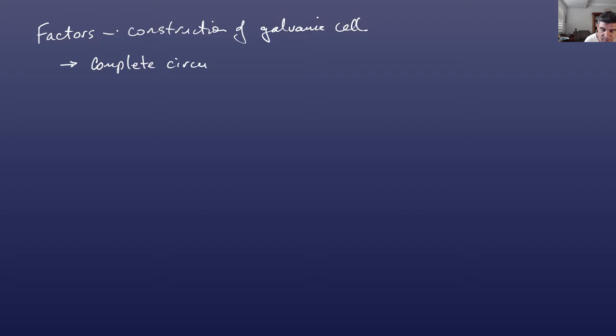If we don't have a complete circuit, then the current will not flow. So this can include things like the external wires, a salt bridge if one is present, good conducting electrodes, and also the electrolyte.